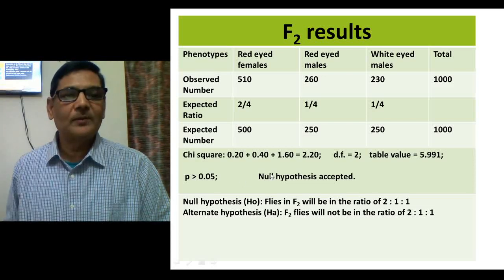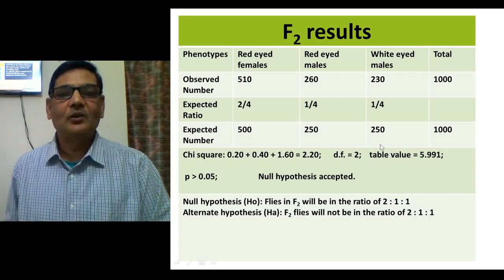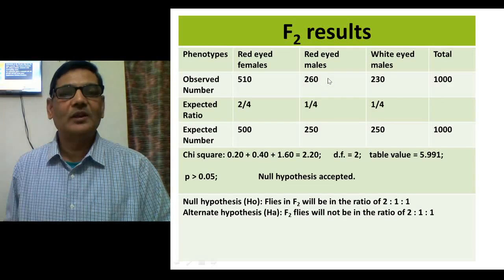The null hypothesis is that flies in F2 will be in the ratio of 2:1:1, where 2 is the number of red-eyed females, 1 is the number of red-eyed males, and 1 is the number of white-eyed males. So in the present case, you accept that the F2 segregation pattern is in the same ratio as you expect.